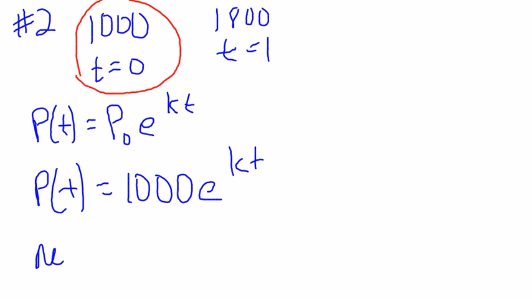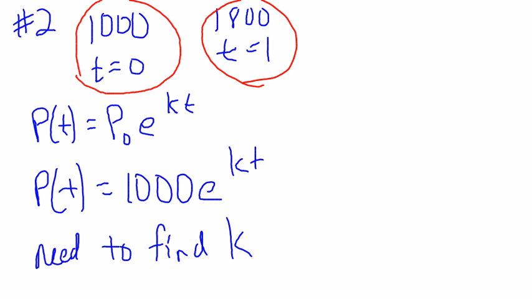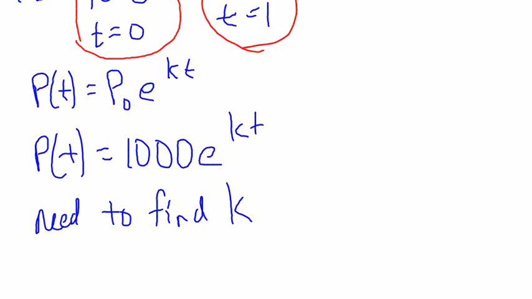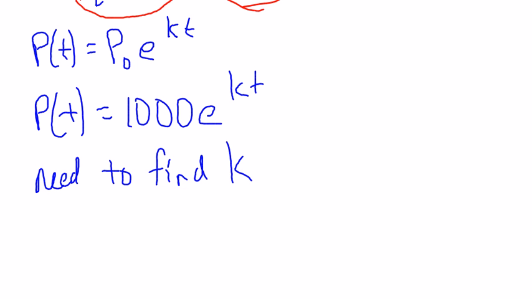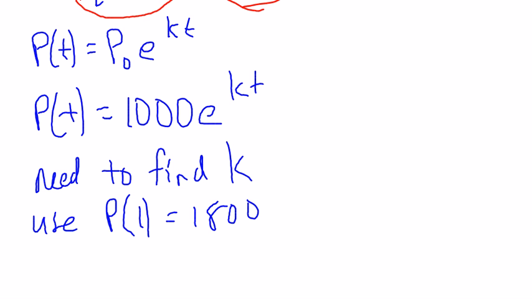Now I need to find k. And I'm going to use this right here. I will write that down here. I'm going to use P of 1 is equal to 1,800.